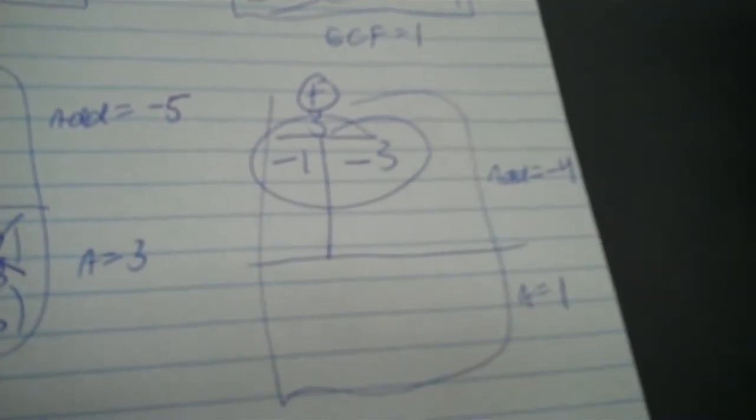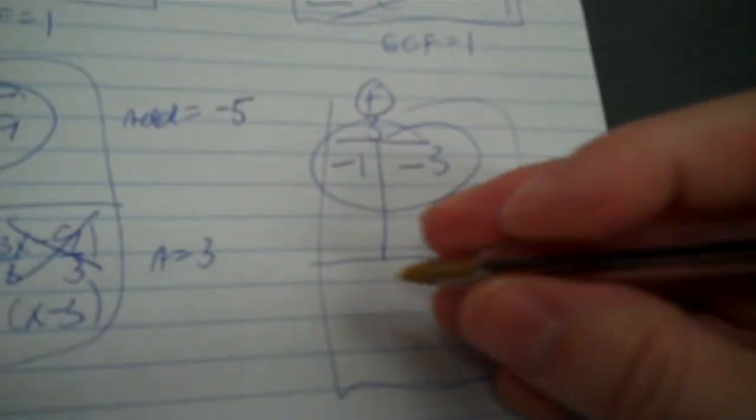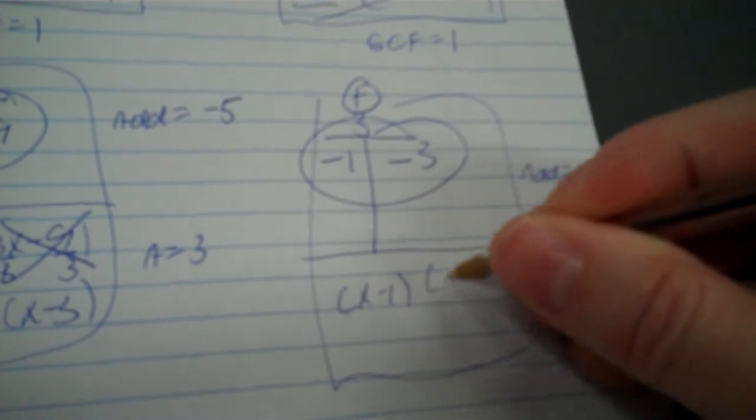My a is a 1. So if a is a 1, now you can just write x minus 1, x minus 3. Okay, so cross that out, x minus 1, x minus 3. Now I think you can cross those out, and the answer is just simply 3x plus 4 over x minus 1.